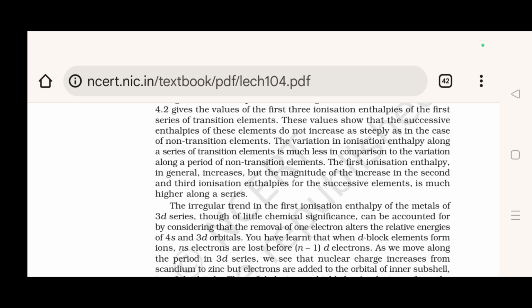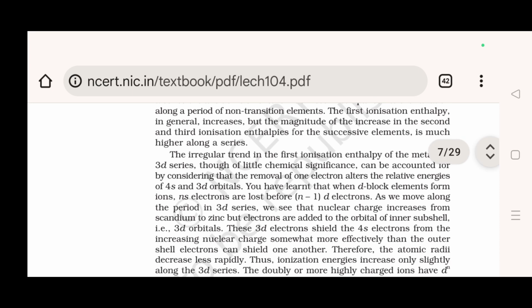The irregular trend in the first ionization enthalpy of the metals of the 3d series, though of little chemical significance, can be accounted for by considering that the removal of one electron alters the relative energy of 4s and 3d orbitals. You have learned that when d block elements form ions, ns electrons are lost before (n-1)d electrons. As we move along the period in the 3d series, nuclear charge increases from scandium to zinc, but electrons are added to the orbital of an inner subshell, that is the 3d orbital.